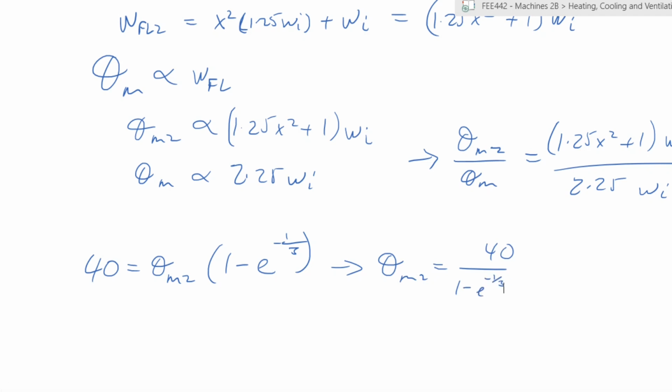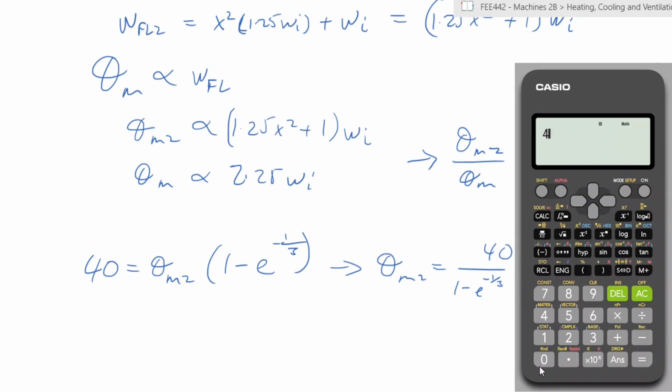Bringing out the calculator, we can then have 40 divided by 1 minus e to power negative 1/3.